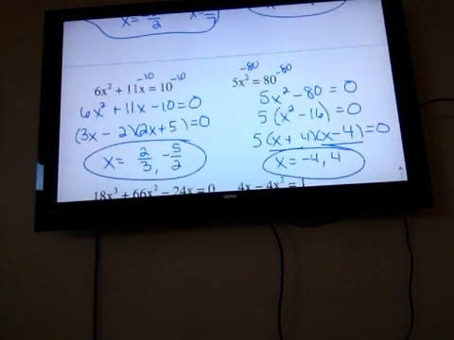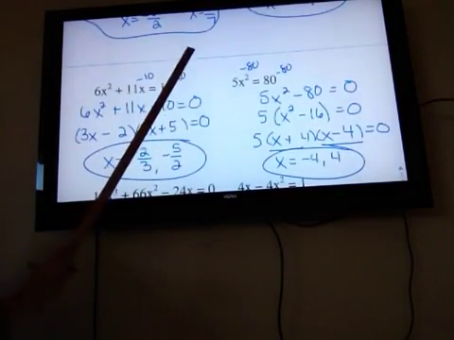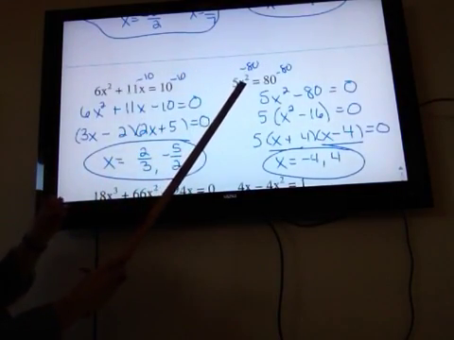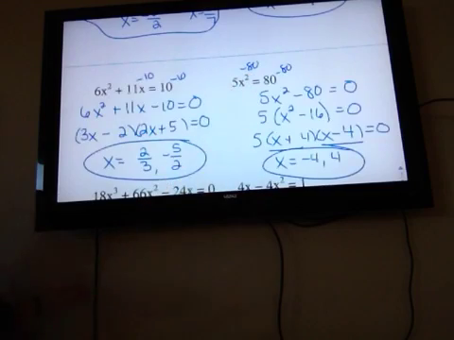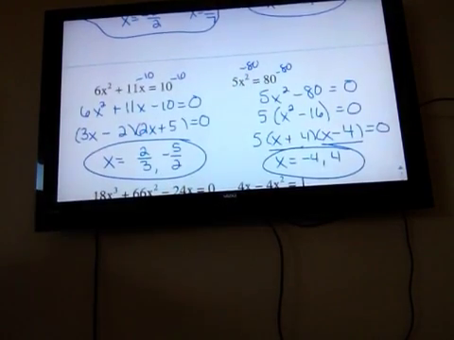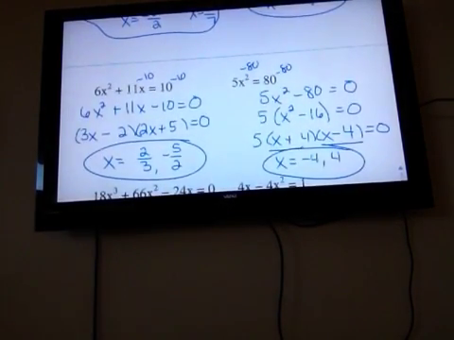So here's a good time to tell you that the degree of the polynomial means what is the largest power. In that question, the largest power is 2, which means that there are going to be 2 solutions.